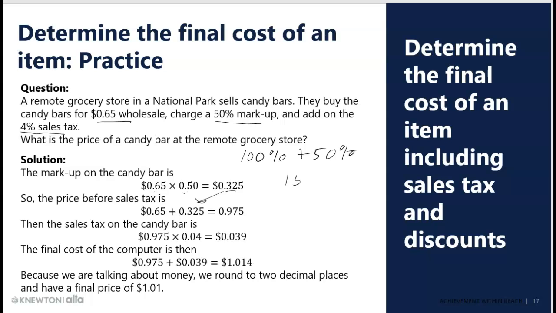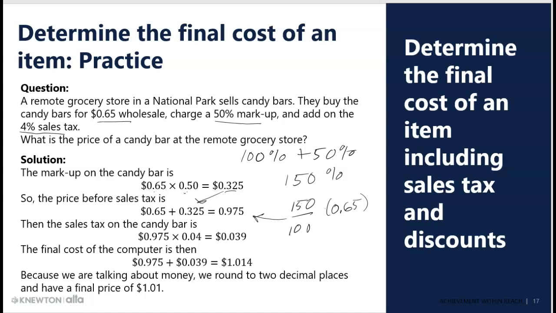So that's 150% of 65 cents is what I'm going to pay. So that's 150 divided by 100. Your percentages don't always have to be less than one, times 0.65, which is what I paid. And that would take you right to this 97.5 cents. So the price is 97.5 cents.